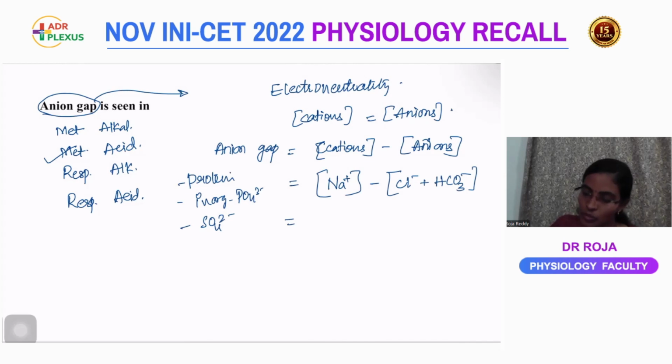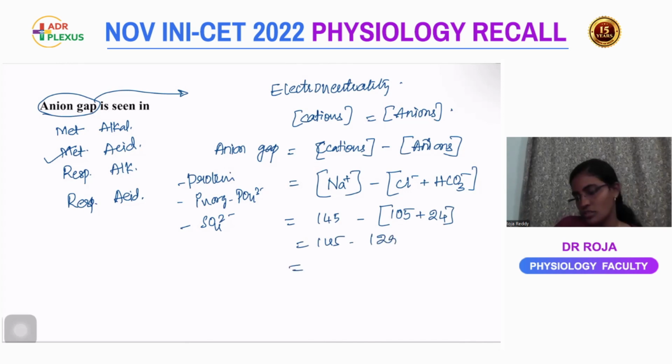So what is a normal sodium concentration? It is 135 to 145 milliequivalents per liter. So let us take it as 145 minus. Chloride is 105, and the normal bicarbonate concentration is 24. So it is 145 minus 129, which comes to around 16 milliequivalents per liter.